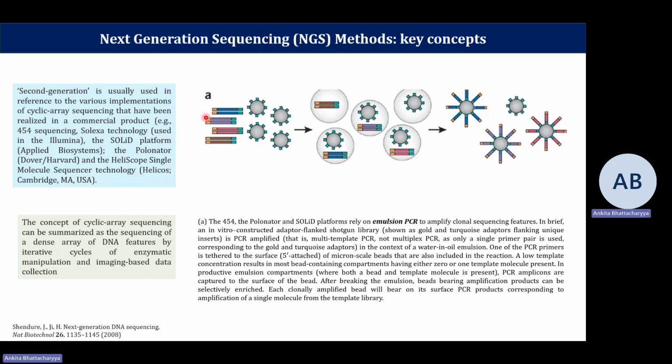So here's what we see. The first step in this strategy is the reliance on emulsion PCR, where the idea is that you want to amplify your clonal sequencing features. So if we just summarize it briefly, since this has already been discussed, you have an adapter flanked shotgun library, which is generated, and here it has been shown as gold and turquoise adapters, which have been ligated to the different templates or the short fragments that have been generated as part of the shotgun approach.